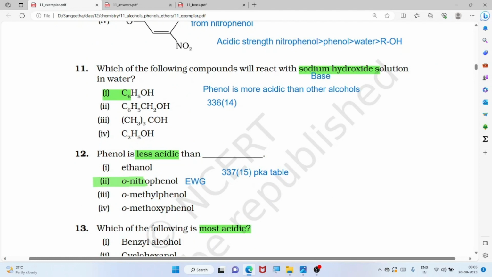Which of the following can react with sodium hydroxide, that is a base in water? So phenol is more acidic than the other groups, because phenol is more stable, that is more acidic. So this will react with this base.